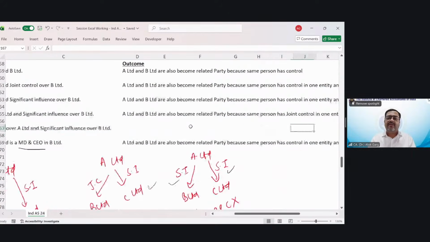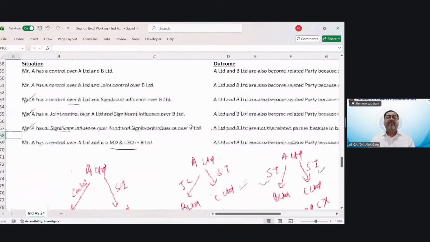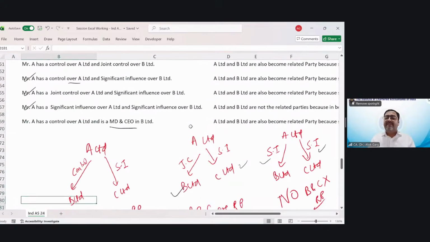So here A Limited and B Limited are not related parties, because in both the entities the common party has significant influence only. Right? I hope this becomes a comprehensive example.